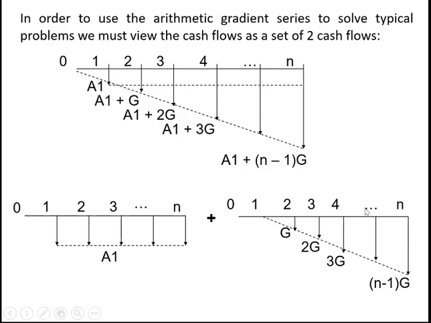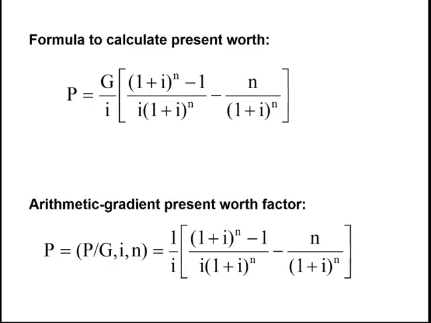Now, here's the formula to calculate the present worth of an arithmetic gradient: P equals G times a factor.